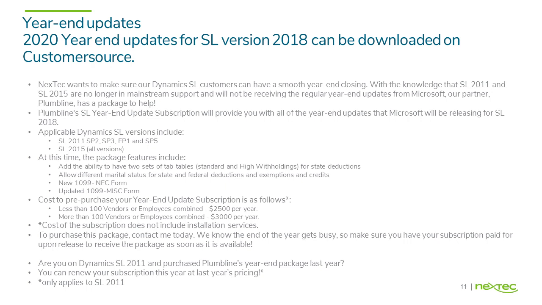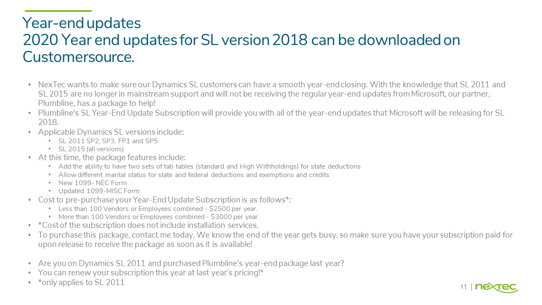But our partner, Plumline, which is the developer of the SL product, has a package to help with this. So if you are not on SL 2018, then you will need to contact Plumline to buy the year-end support package or year-end update package.